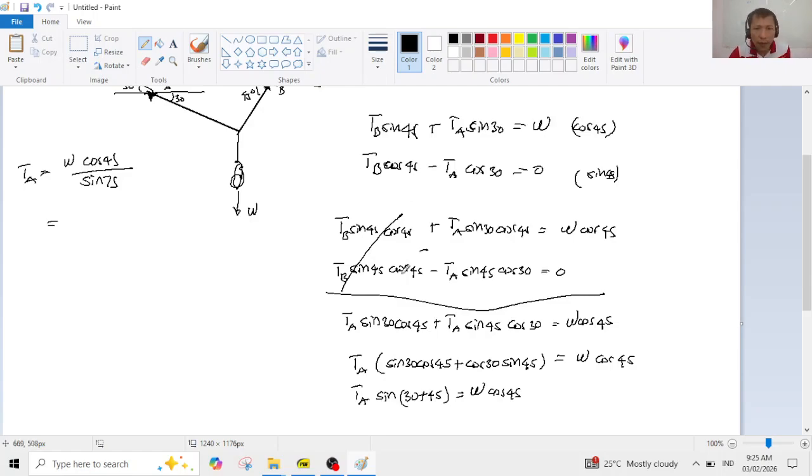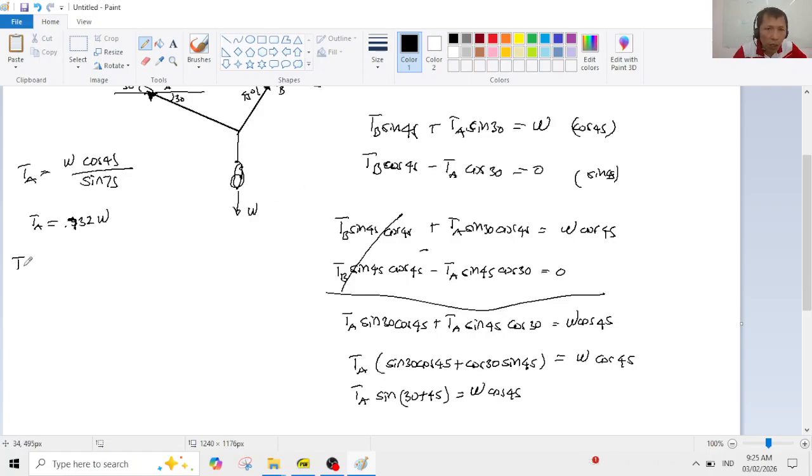So I will leave it like that, and I will substitute this into one of the equations. So TA is 0.732 W. So that is TA. How about TB? You substitute it into one of those equations.